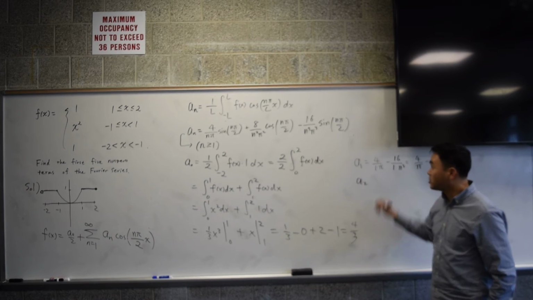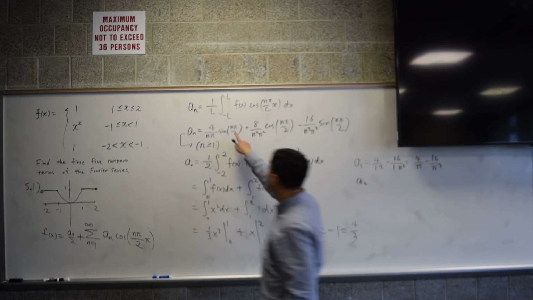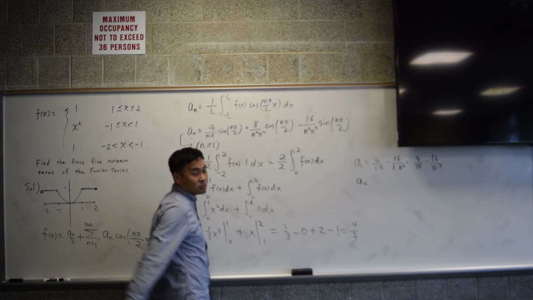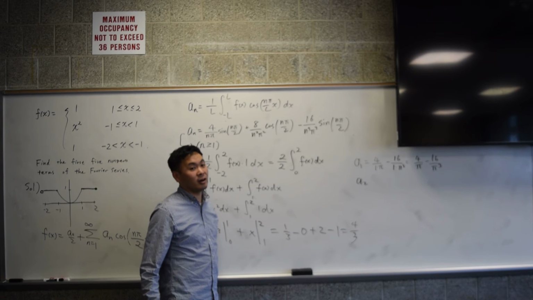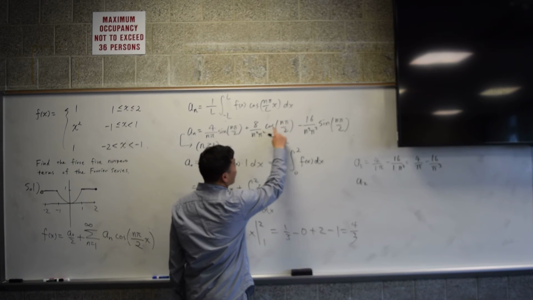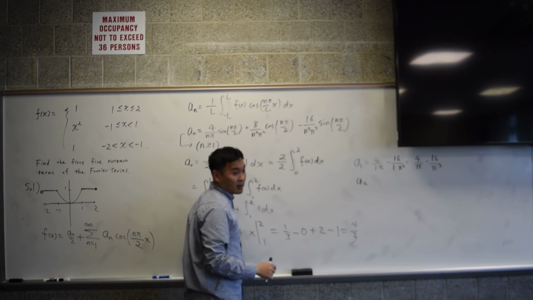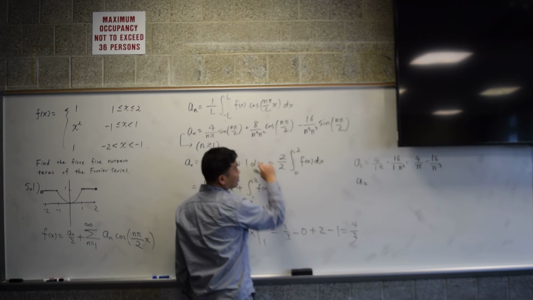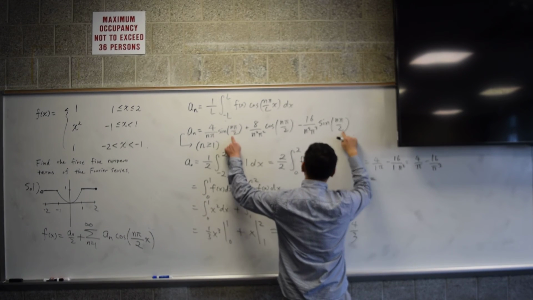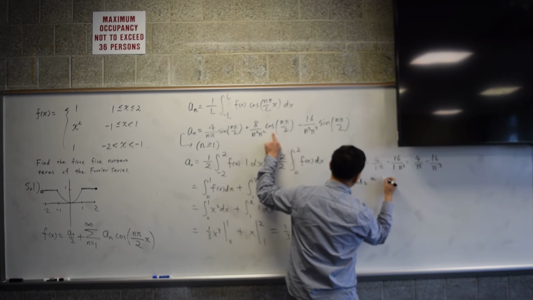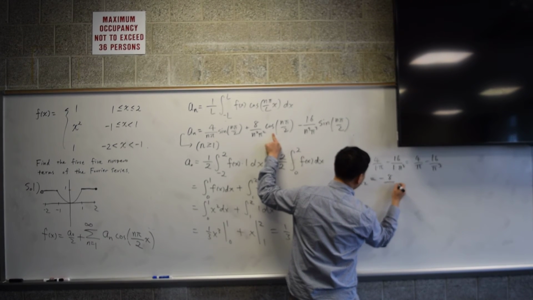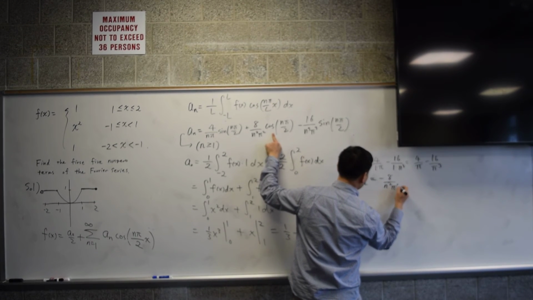That's it. Now a_2. In that case, if I plug in 2, it's sine of pi. What's sine pi? 0. What's cosine of pi? -1. So a_2 will have these two become 0, and this one will be -1. So it's negative 8 over n squared pi squared.